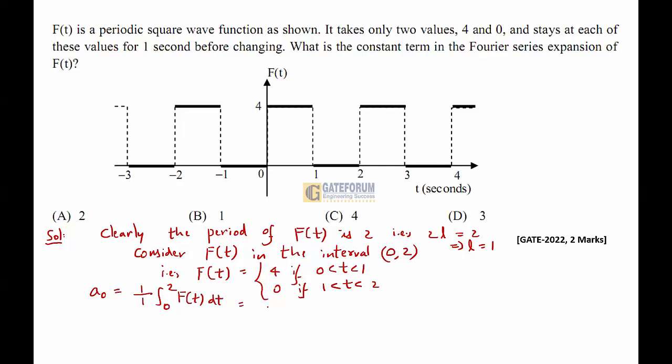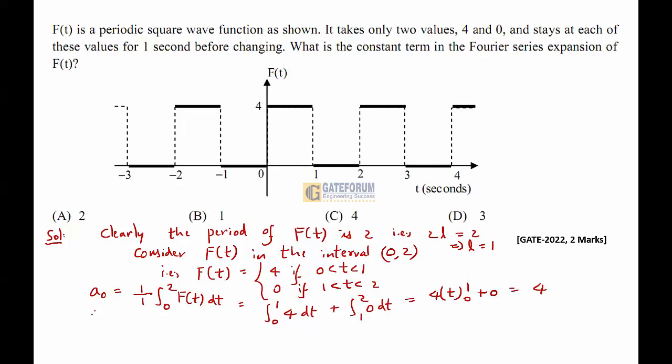This can be written as integral 0 to 1 of f of t, value 4, since the function is defined in different subintervals, plus integral 1 to 2 of f of t, value 0, dt. So 4 integration, 4 into t between the limits 0 to 1, the other definite integral is 0. So this simplifies to 4.